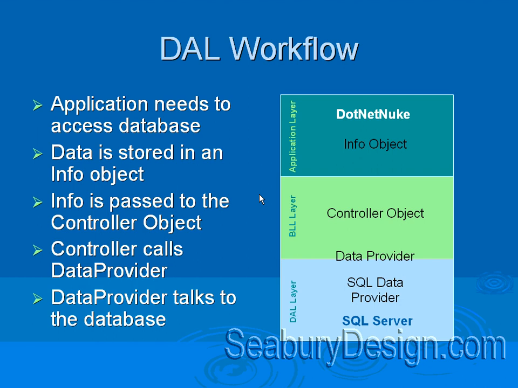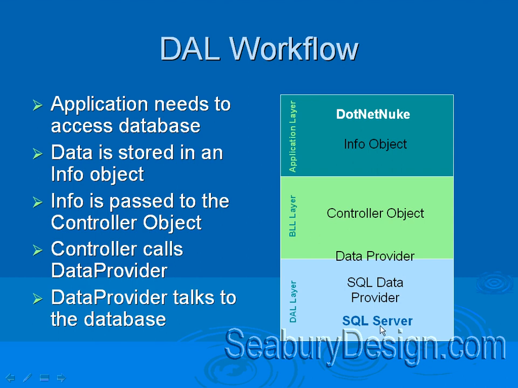Let's take a look at the diagram on the right hand side here. I think this helps a lot to explain what's going on. Here we have our application layer, our business logic layer, and our data access layer. And if you're familiar with client server, then a lot of this is going to be very familiar to you. On the top end, we have our DotNetNuke application, which is going to need to process data and request data in its own way.